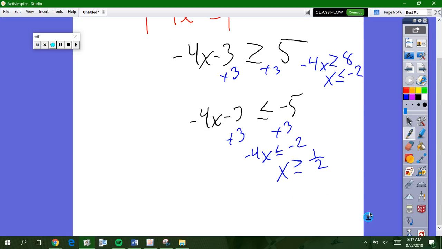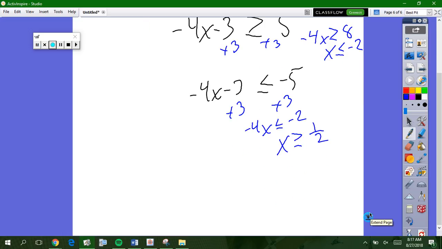Okay. So now we need to go ahead and use our number line just to kind of get a general idea. Here's 0, here's a half, here's negative 2. Looking up here, it's saying x is less than or equal to negative 2. So that's closed.